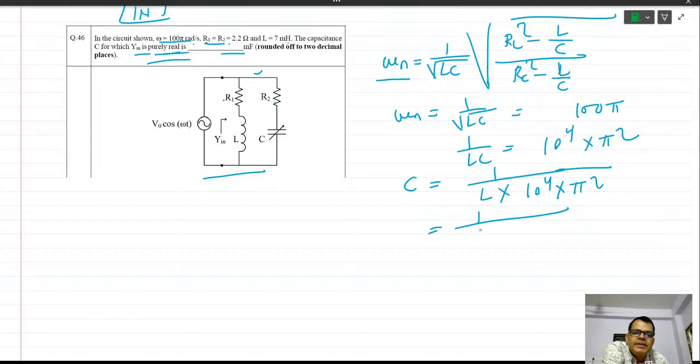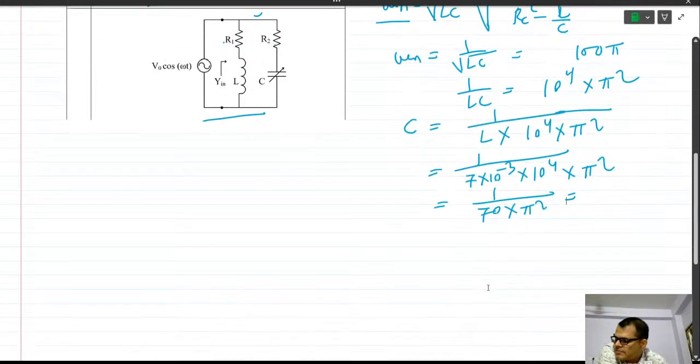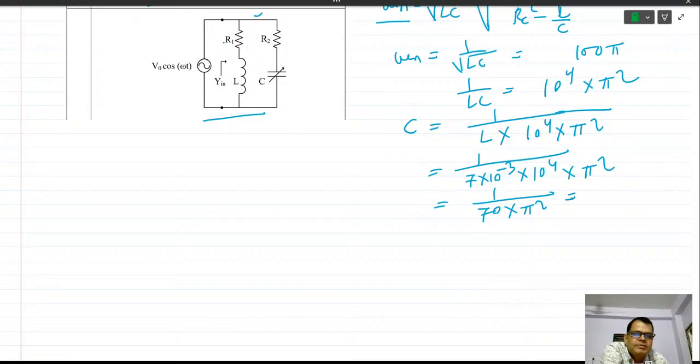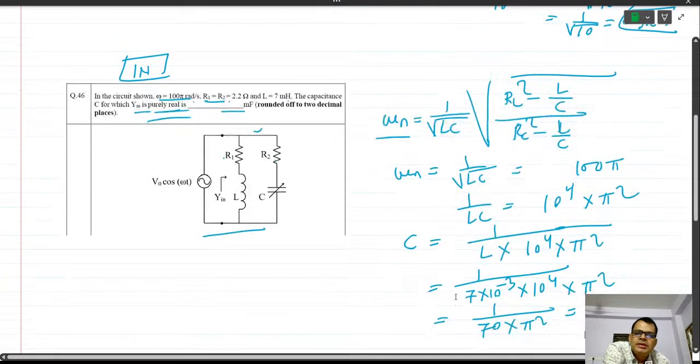They have given 7 into 10 to the power minus 3, so 1 upon 7 into 10 to the power minus 3 into 10 to the power 4 into pi square, that is 1 upon 70 pi square. Use the calculator for this little calculation. You will get 1.447 millifarad. Right? So easy.